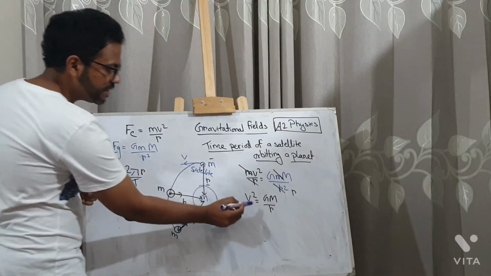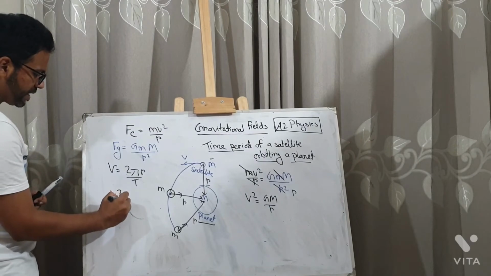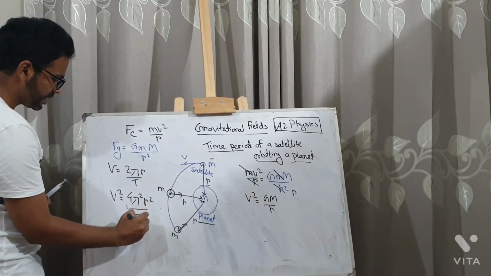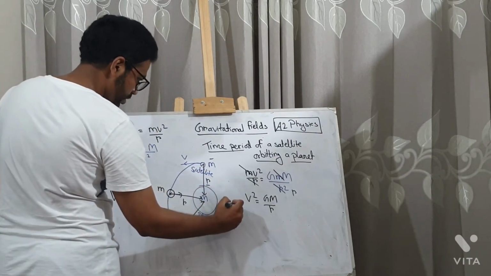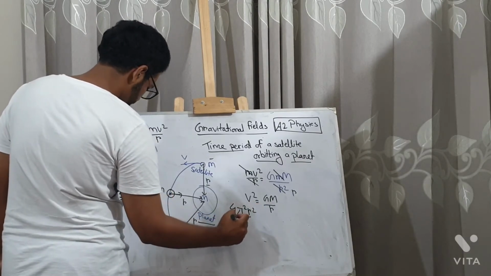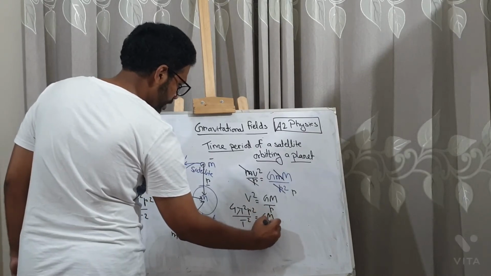So we have a v squared here. If you square the velocity, you get 4 pi squared r squared divided by T squared. Put it back here, you get 4 pi squared r squared divided by T squared equals GM by r.